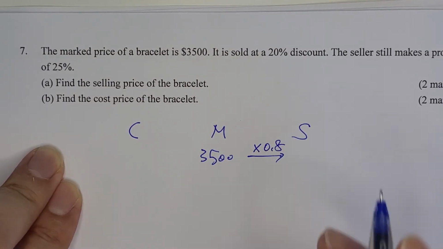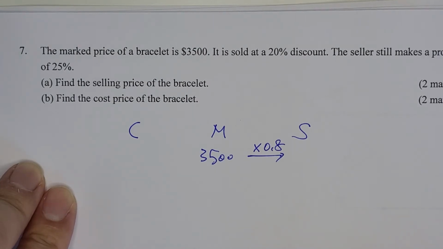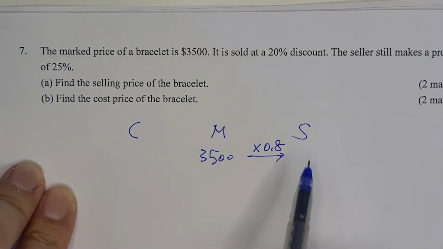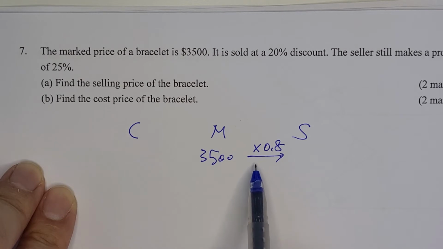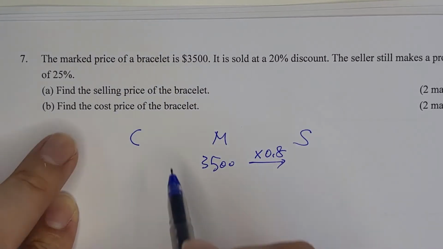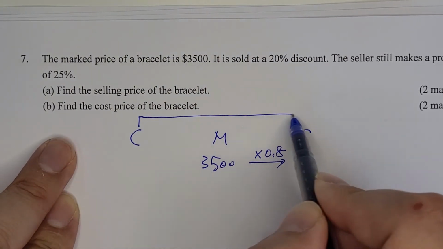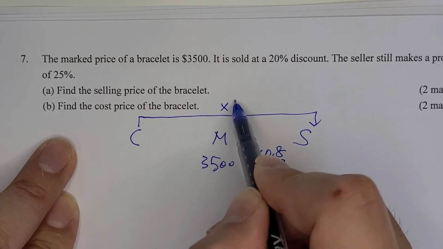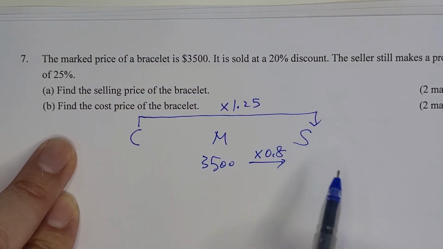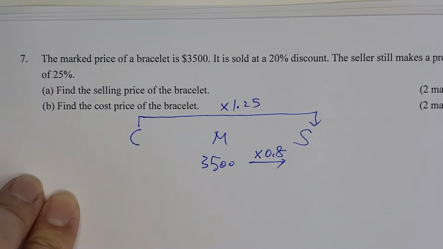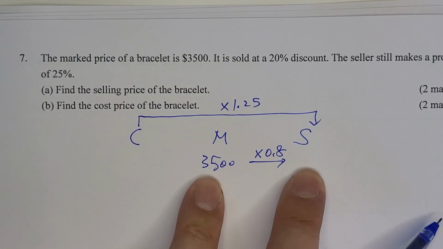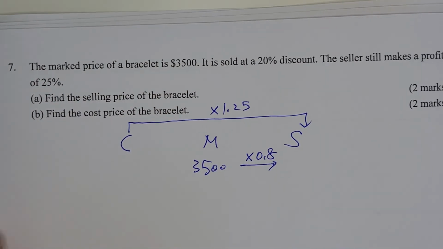Then you can find the selling price. But even though you sell it at a discount of 20%, you still gain 25%. That means from C, multiply 1.25, then you will get S. So the sequence is you can find S first and then find C.